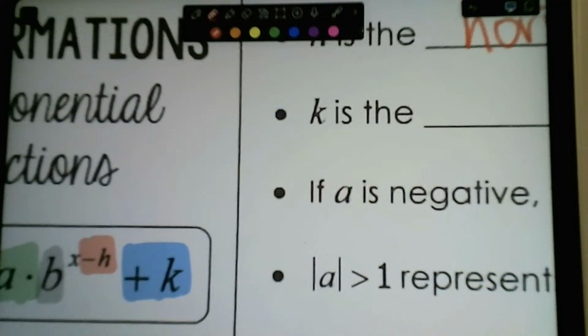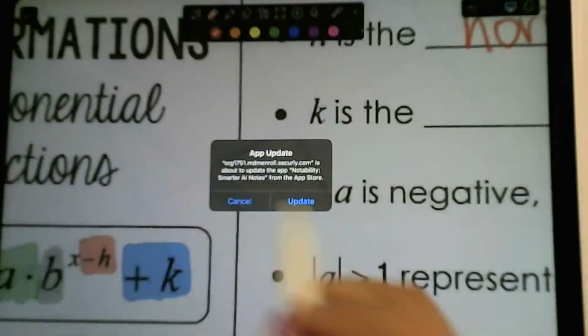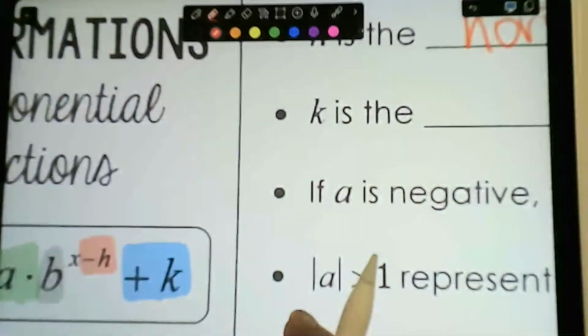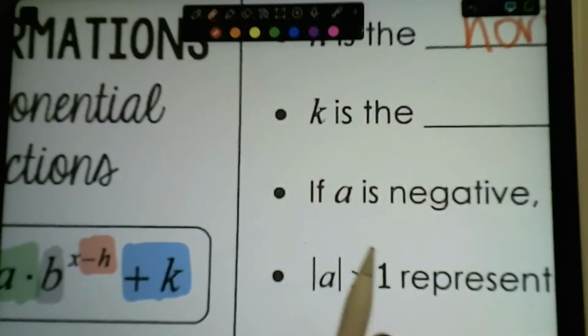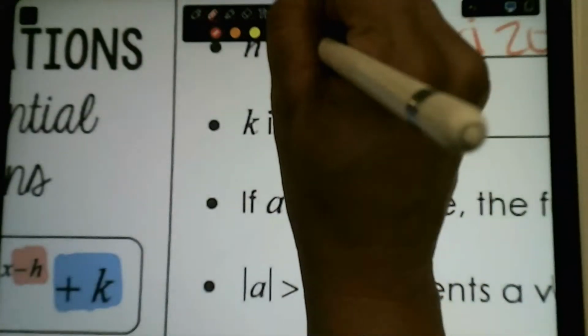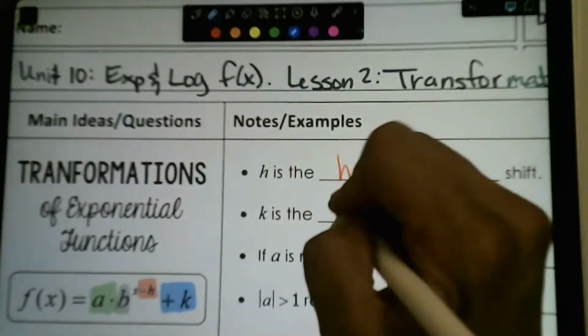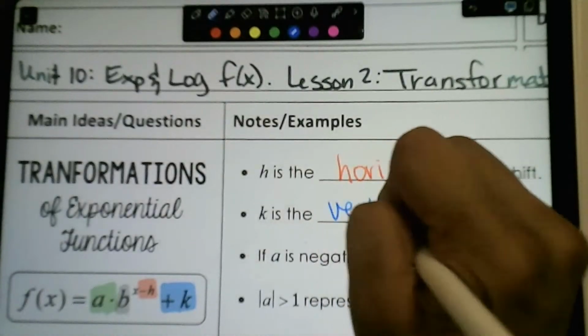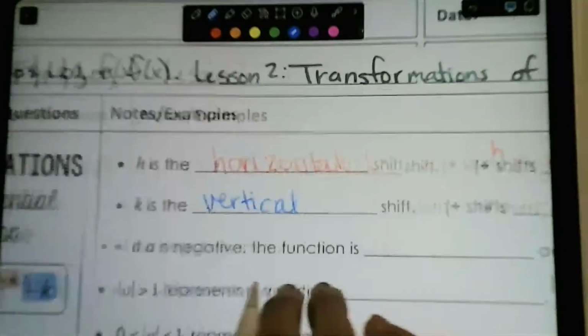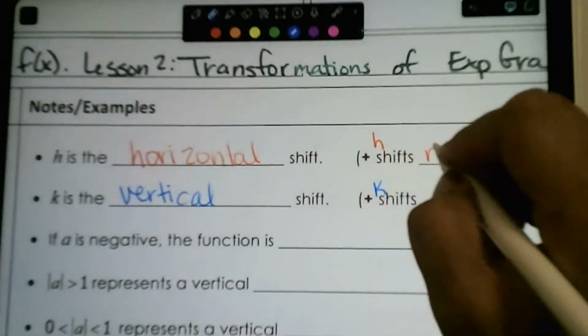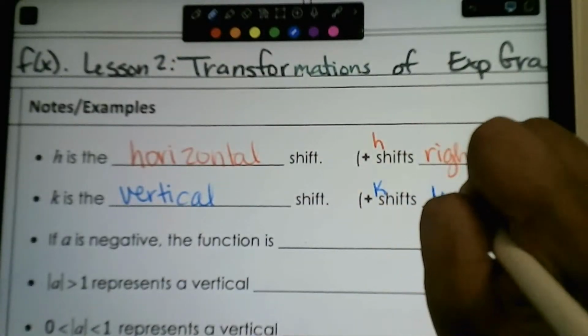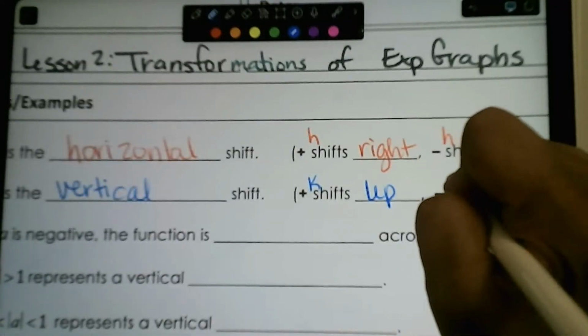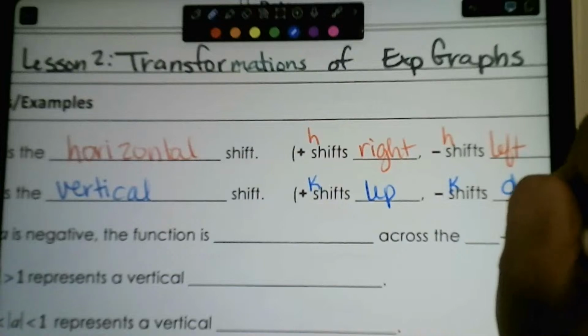And a negative H value shifting to the left will make your equation have a plus value. It's confusing. Be careful. K is our vertical shift, and this one's not confusing at all. A positive K shifts it up, a negative K shifts it down.